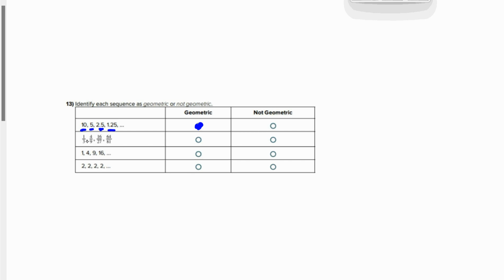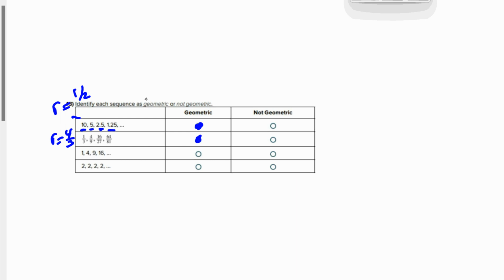Okay, so here 1/3 is being multiplied by 4/3 to get 4/9, and 4/9 multiplied by 4/3 is 16/27. 16/27 multiplied by 4/3 is 64/81. This one, our r equaled 1/2, so that's geometric too. Now this one, 1 times 4 would be 4, but 4 times 4 is not 9, right?